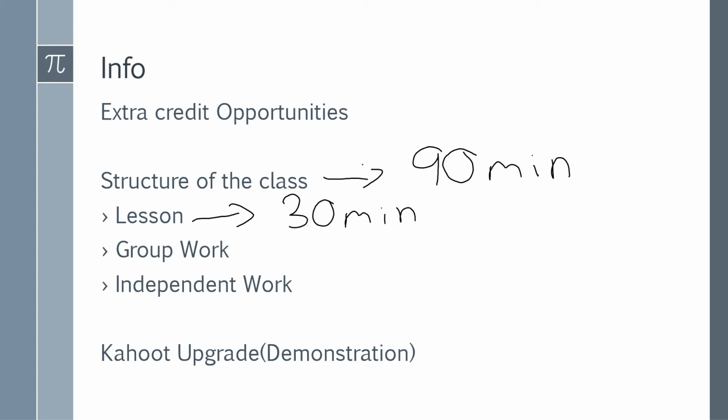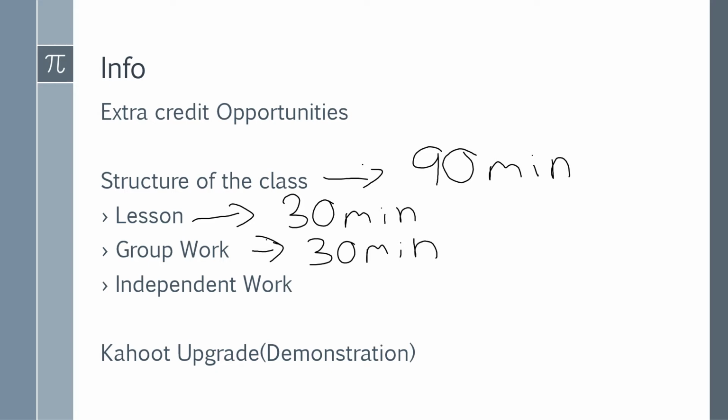Next thing, group work. Ideally, it's supposed to be 30. That's what I try to shoot for. But that may have to be reduced, because one of the things I notice when you guys are in groups is that you don't seem to stay on task the whole time.